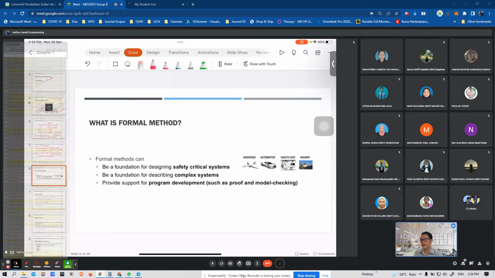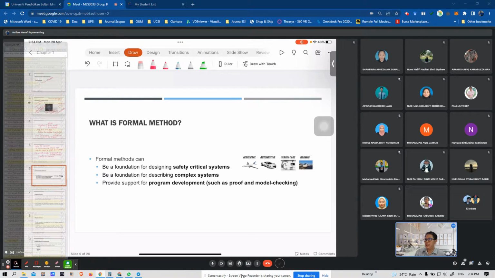Kalau kita tengok heart monitoring system, it also uses the formal method approach, because kalau kita silap baca heartbeat, it involves life, it's very critical. Other than that, kalau kita tengok railway pun sama ya. Railway ni kereta api lah. It also involves a very and highly critical system because it involves the passengers.